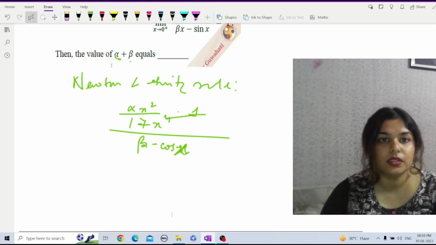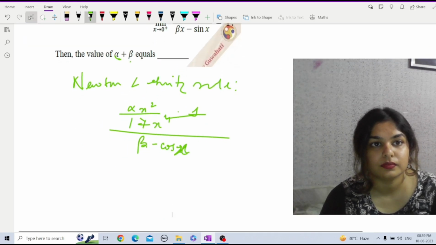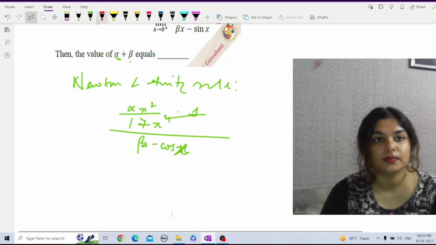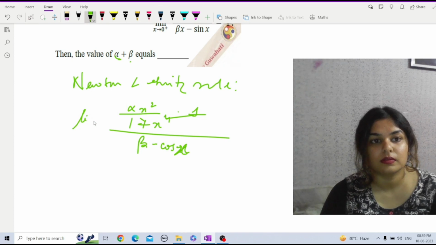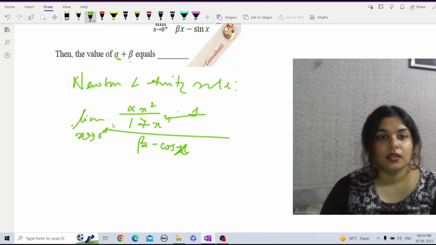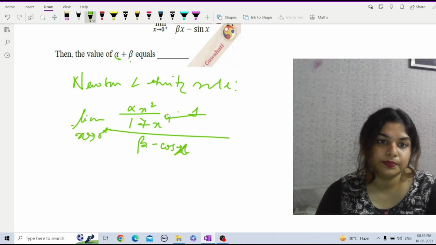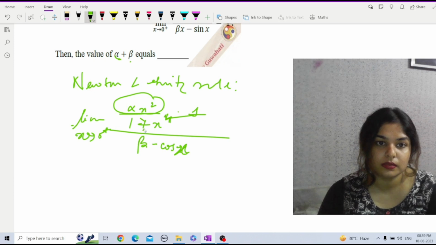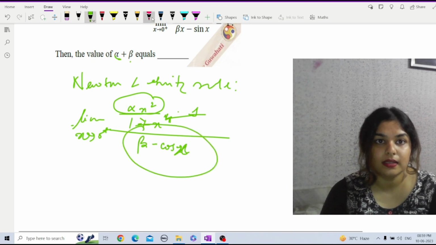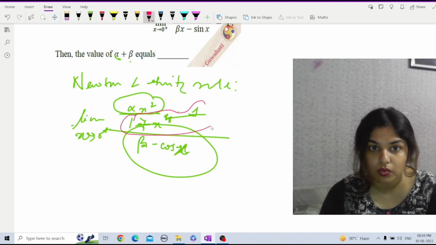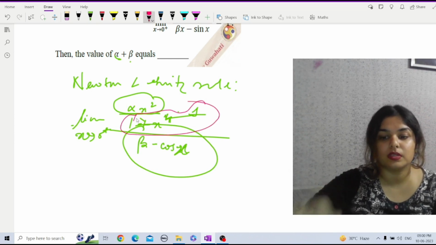Now, let us put the limit sign here. If we take this and this part, and separately write 1 by 1 plus x to the power 4, what will happen to this?